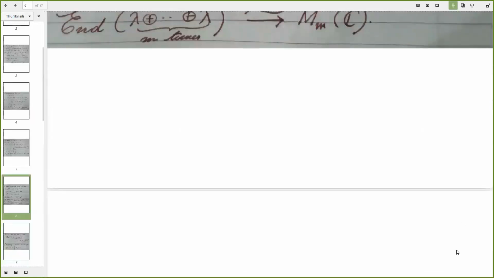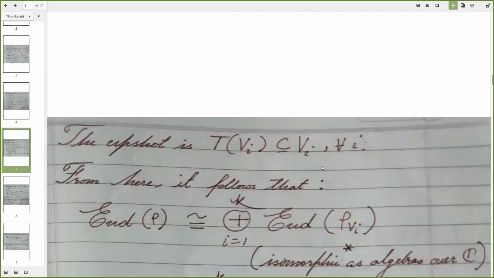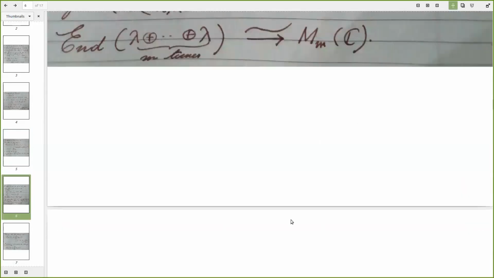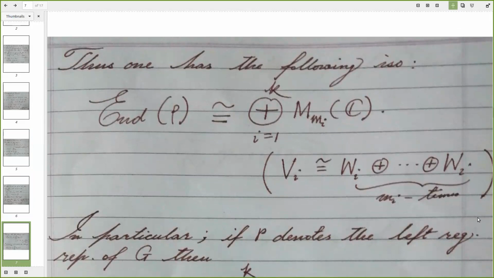Putting this together with what we have seen earlier, the endomorphism ring of representation rho is isomorphic to the direct sum of matrix algebras, where m_i is the number of occurrences of the irreducible representation rho i in rho.